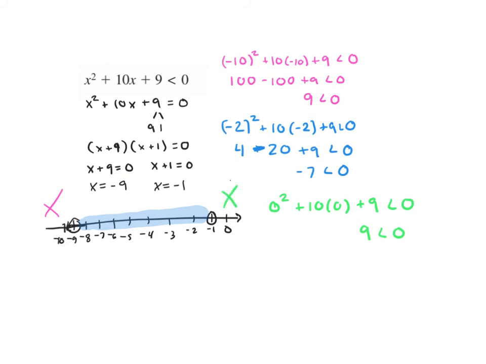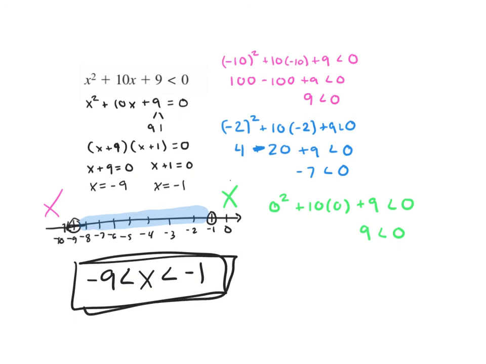No. So then how would we write our answer here? x can be anything from negative 9 to negative 1. So x goes from negative 9 to negative 1. So this is our answer.